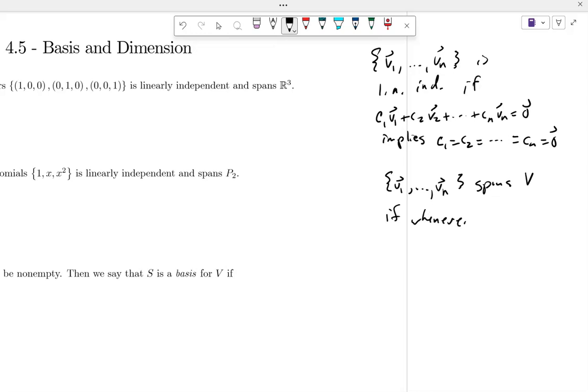So if I start with some vector in V, what can I do with that vector? It has to do with linear combinations. What do you think it means?